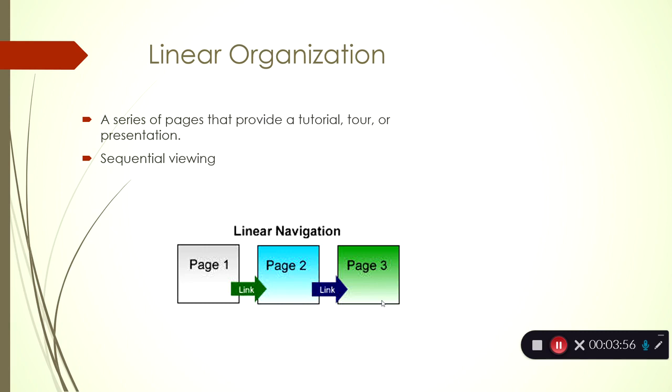Tutorial websites have this kind of organization, because after completing section 1, you move on to section 2 and then section 3, like that. Also, look at Netflix and those kinds of movie websites, where after episode 1, it moves on to episode 2, episode 3, and so on. So these websites need linear organization.